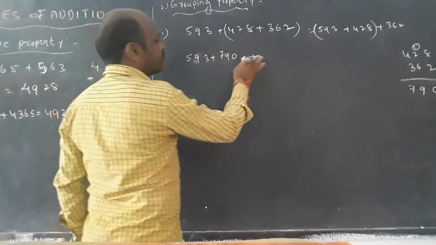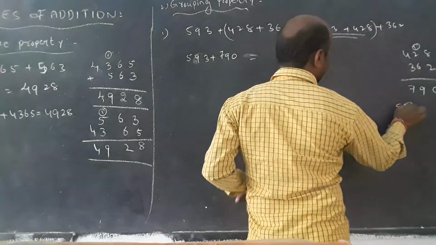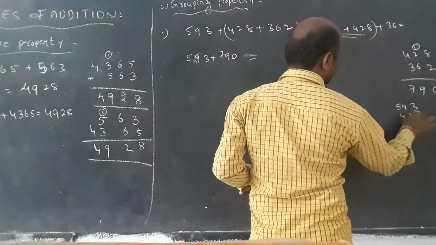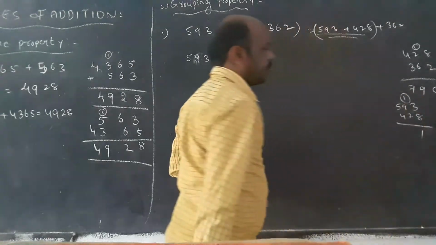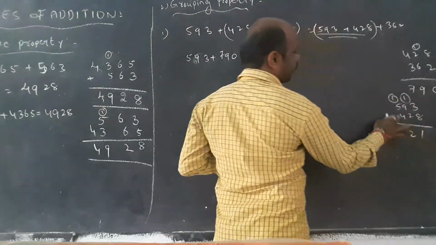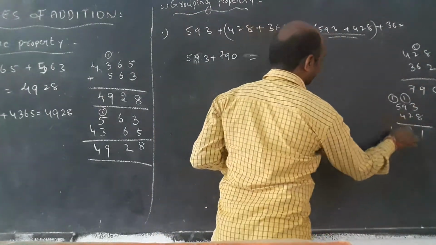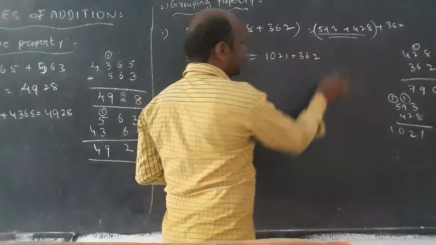Now we add 593 and 428: 8 plus 3 is 11. Then 9 plus 1 is 10, 10 plus 2 is 12. 4 plus 5 is 9, 9 plus 1 is 10. It becomes 1021, plus 362.